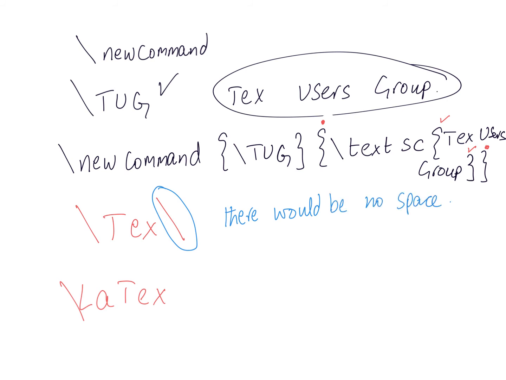So if you read the sentence, it says tech or LaTeX. So if I don't put the space, I don't put this backslash, if I skip this and just miss this part, it would print this way.